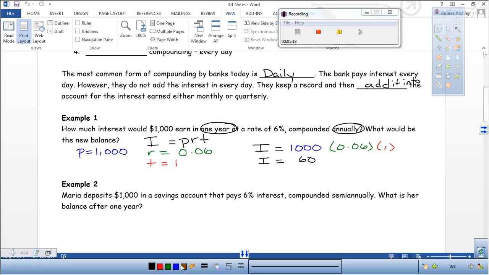They didn't ask you though for the interest, they asked you for the new balance. So you have to take your previous balance of 1,000, our principal, and then add the 60 to get our total.